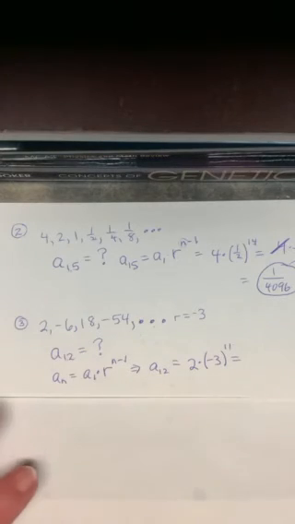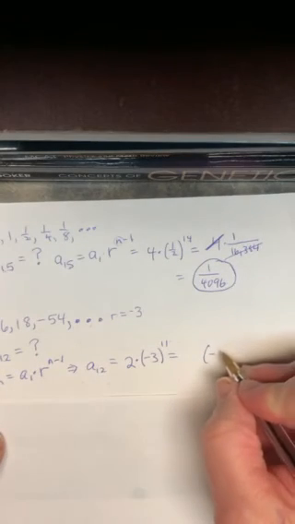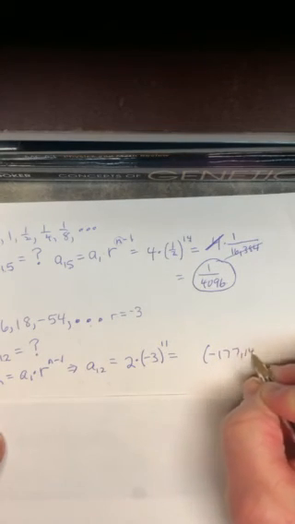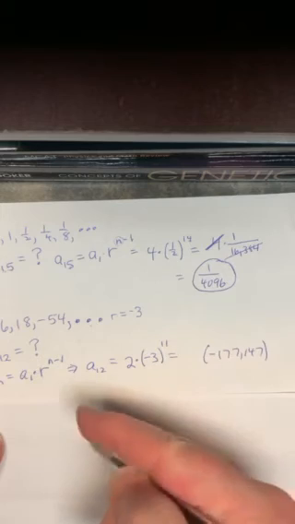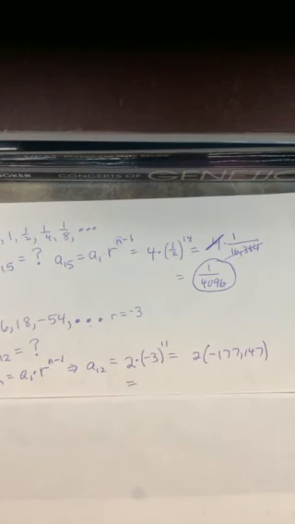So parentheses -3, parentheses caret 11. -3 raised to the 11th, oh gosh, is negative 177,147. I'm timesing that by the 2. So on your calculator, that big negative number that's on there, hit times 2, enter.